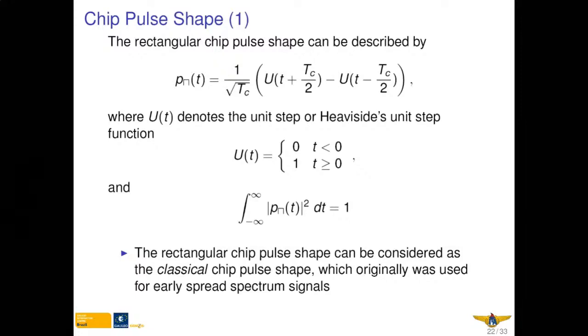Also, many GNSS signals, for example the GPS C/A code, the L5 signals of GPS, the E5a and E5b signals of Galileo, and many signals of BeiDou use rectangular chip pulse shapes. And we get a binary phase shift keying signal.